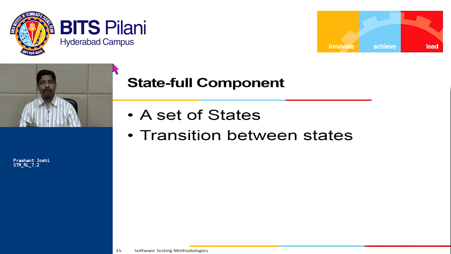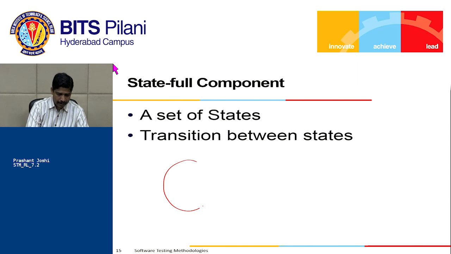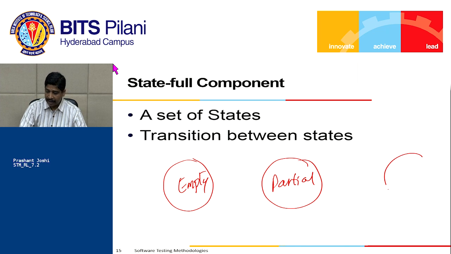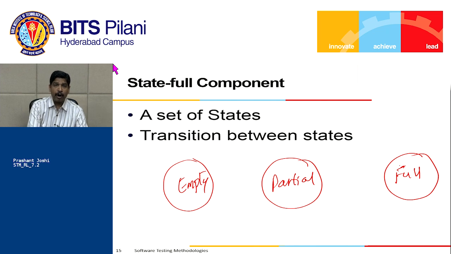So if I may now draw a state transition diagram over here. We're going to develop this. This is empty. Stack is empty, partial, and now I have full. If I pop on an empty stack, what would happen? I remain there.